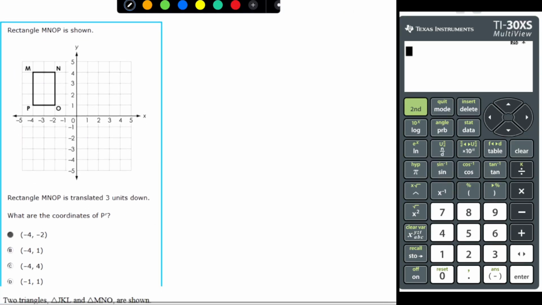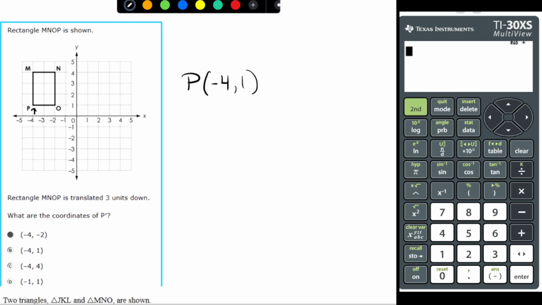Rectangle MNOP is shown. It is then translated 3 units down. What are the coordinates of P prime? All right, so all you're going to do is find P and determine what point P is. Well, to get to point P, we have to go 1, 2, 3, 4 to the left, up 1. So we know that P is (negative 4, 1).